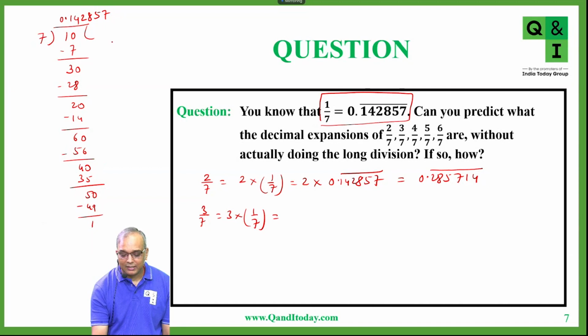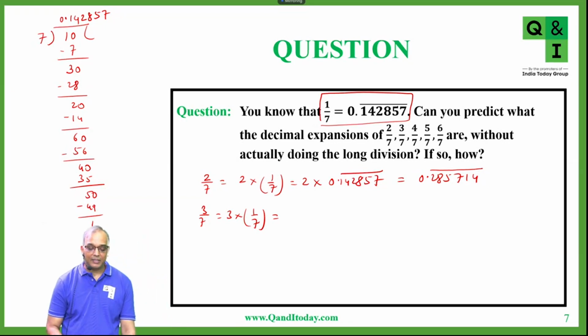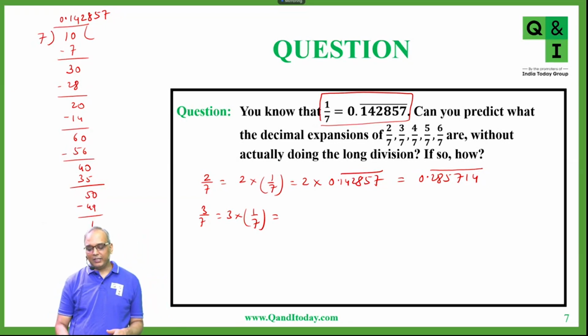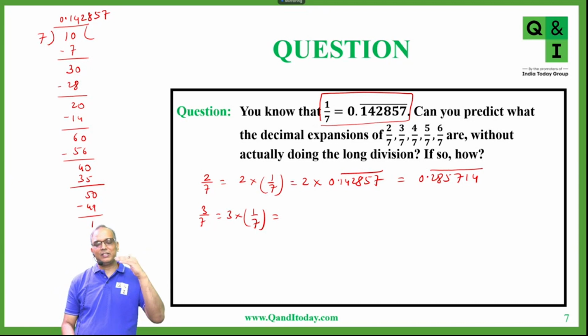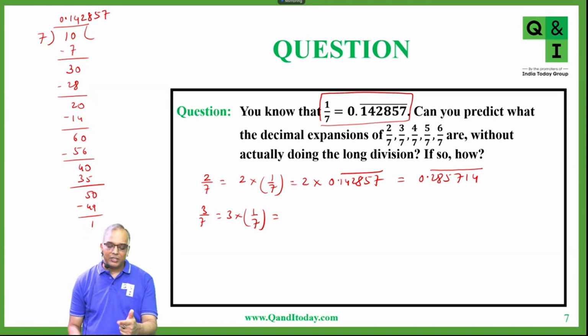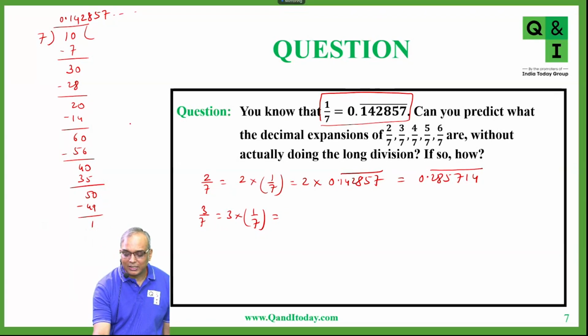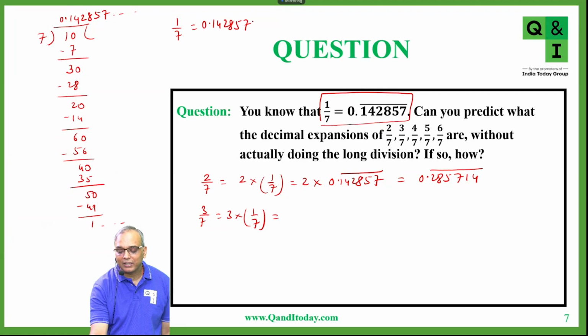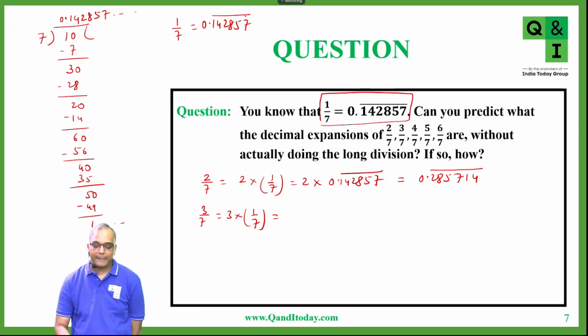You have 1 as remainder. Now we started with 1 only. If you remember, 1 by 7 means we started dividing 1 by 7. That was our first step. So here, because this keeps on continuing, we say that 1 by 7 is 0.142857 and then bar.